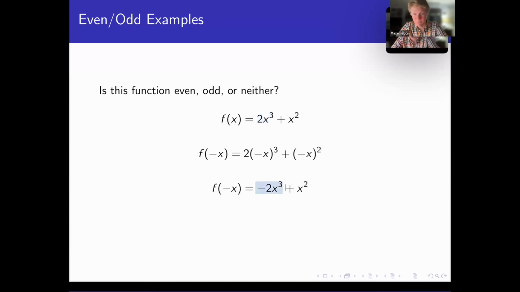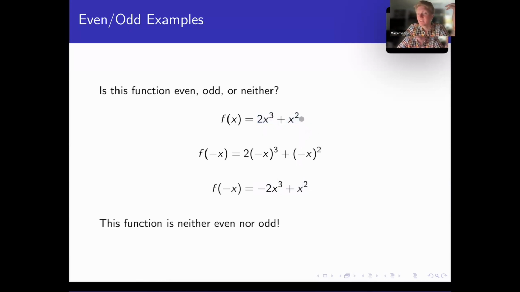It would be nice if we pulled out a negative 1, but here we have positive x squared, and if we pull out a negative 1 to change negative 2 back to 2, then we would be changing x squared to negative x squared, and that's not what we want. That would be going backwards. There's nothing we can do to manipulate this to look exactly like the original function. In that case, it's neither.